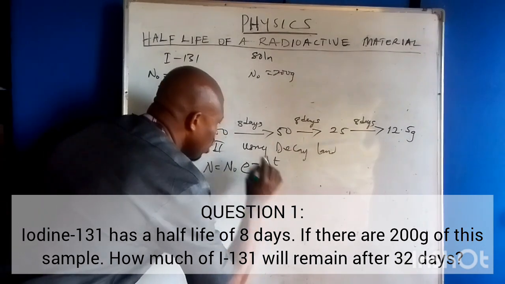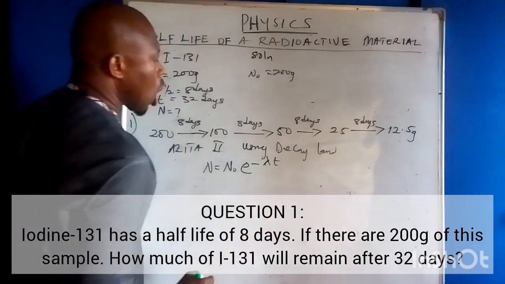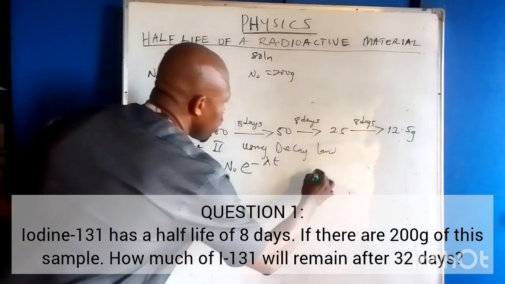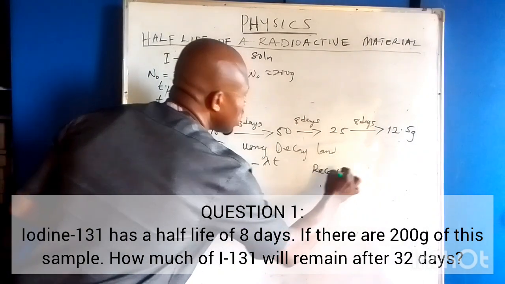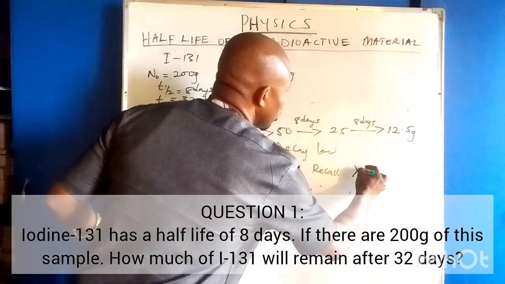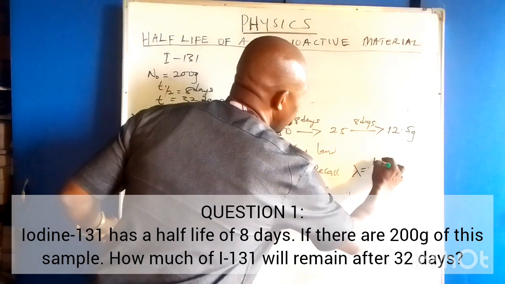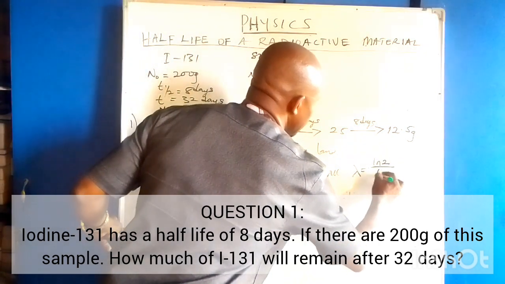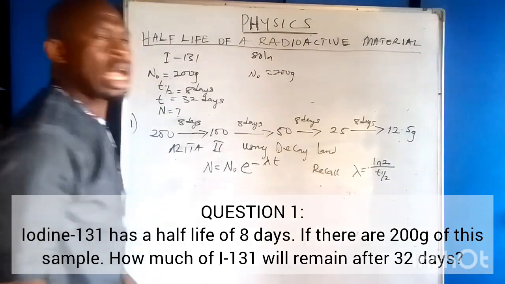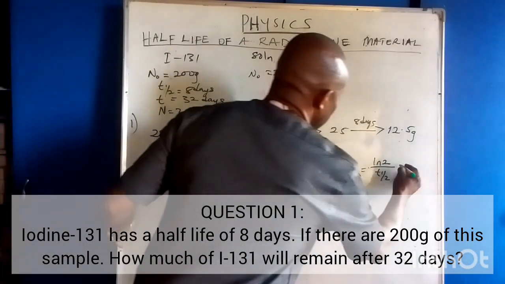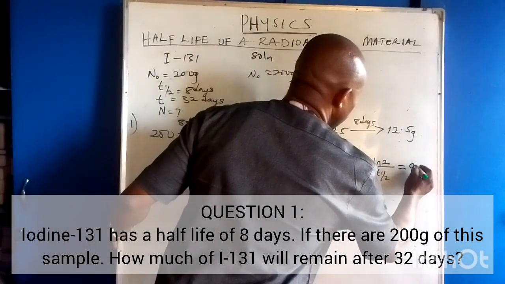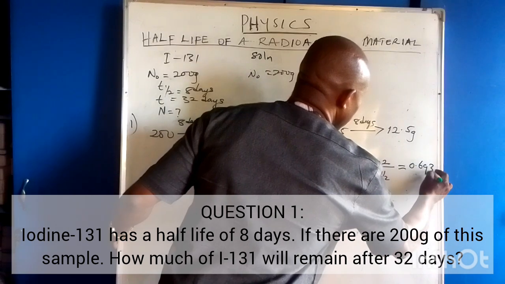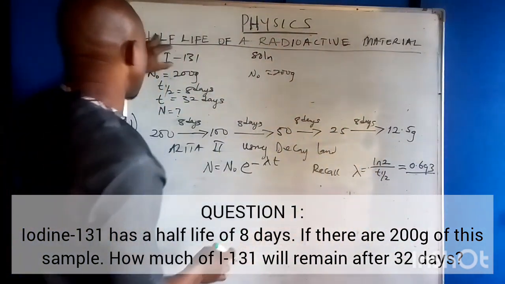For us to get lambda, which is the decay constant, recall that we said the decay constant is equal to the natural logarithm of 2 all over the half-life. The natural logarithm of 2 is 0.693 all over the half-life.